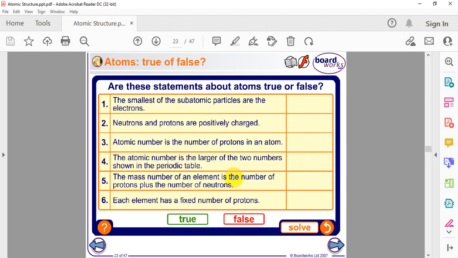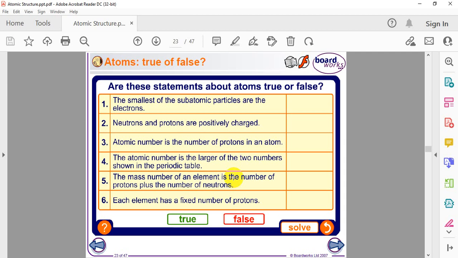Are these statements about atoms true or false? Number 1. The smallest of the subatomic particles are the electrons. True or false? True. Number 2. Neutrons and protons are positively charged. True or false? False, because definitely neutron has no charge.